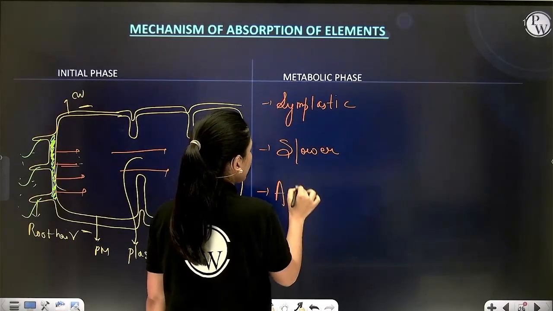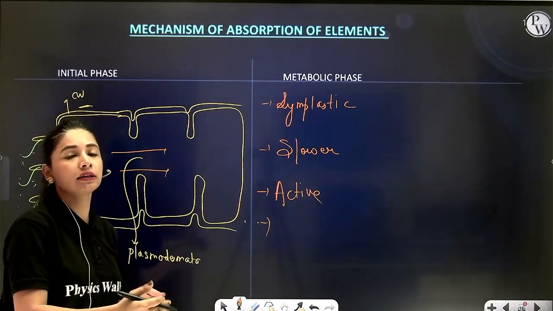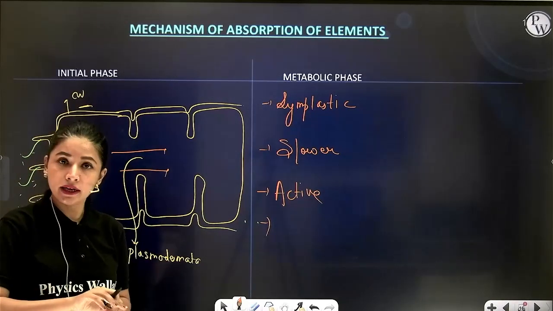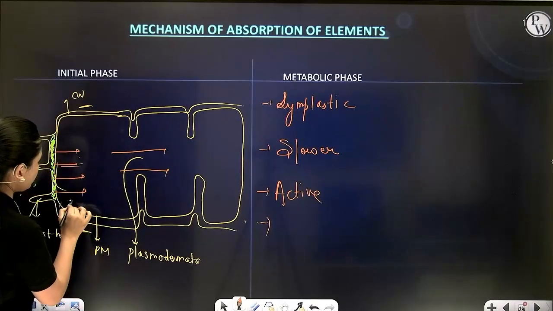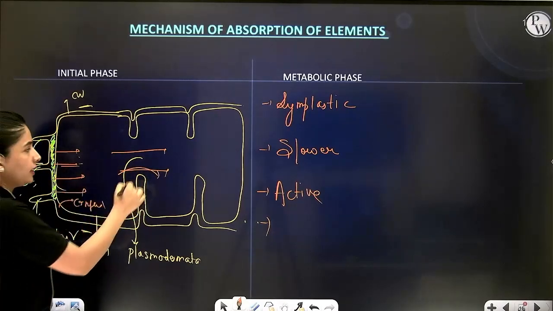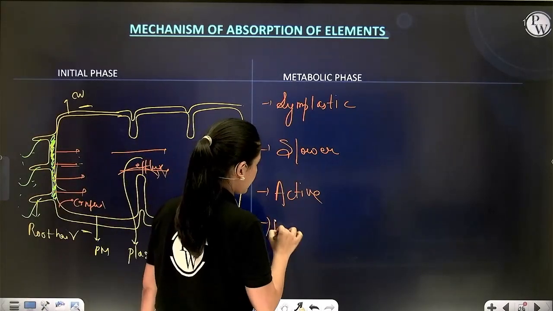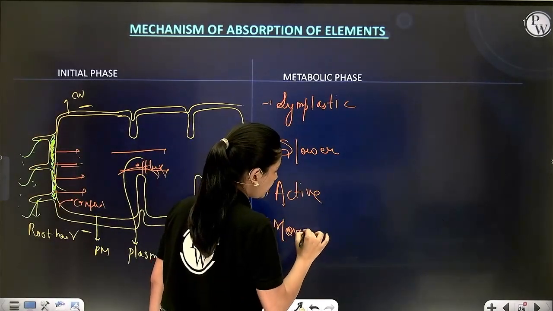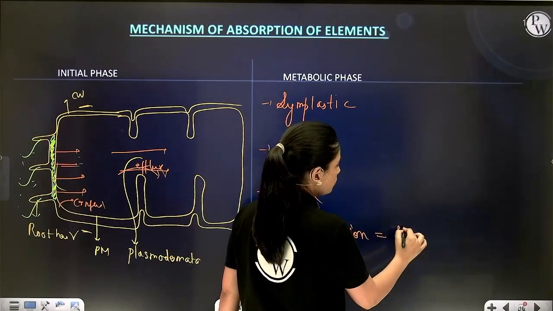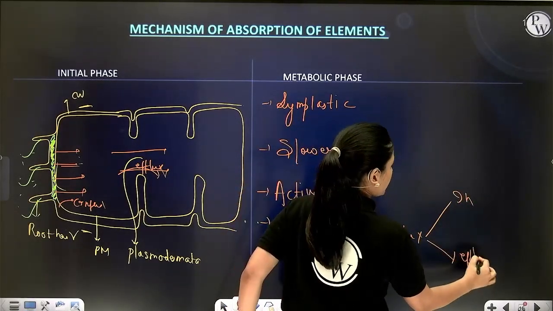It will become active, and here the movement of ion from one cell to another is known as flux: influx and efflux. Influx means the ion is coming inside. Now if the ion is going outside from the cell, then it is called efflux, right? So in the case of the metabolic phase, the movement of ions along with dissolved water is known as flux, influx and efflux.